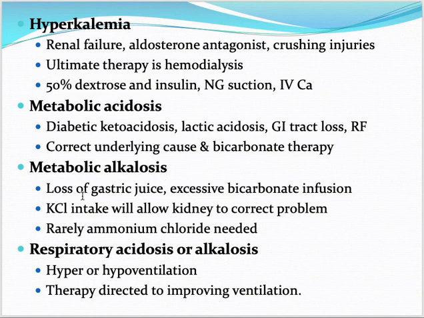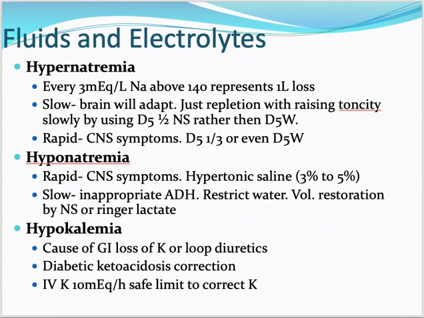For metabolic alkalosis, like loss of gastric juice or excessive bicarbonate infusion, ammonium chloride is sometimes needed. I just put one point because I wanted to tell you that these things can occur. Same thing with hyper or hyponatremia, or hypo or hyperkalemia, and how they can be corrected. But here again, very little detail is written. In the books, of course, too much detail is written, so you can review that and learn about that.